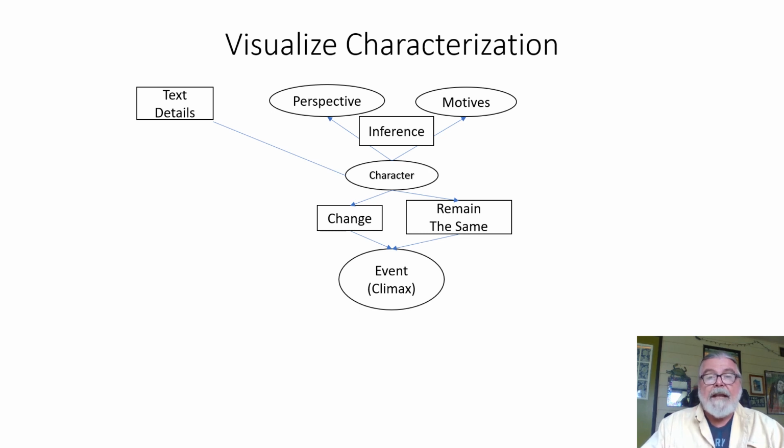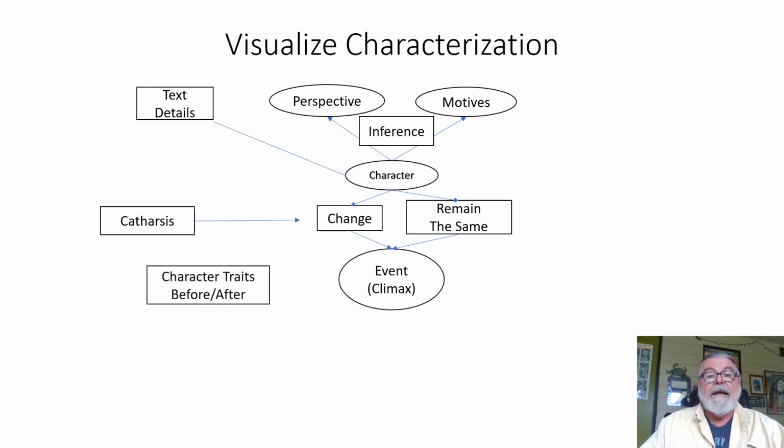So that was a change. Now, what we want to consider next is the catharsis. How does this change affect the audience? We might have a question that asks about that. Now, what were the character traits before the change and after the change, if there is a change? And then what is the outcome of the change? As we go to King Lear, the outcome was that he reconciled with Cordelia.